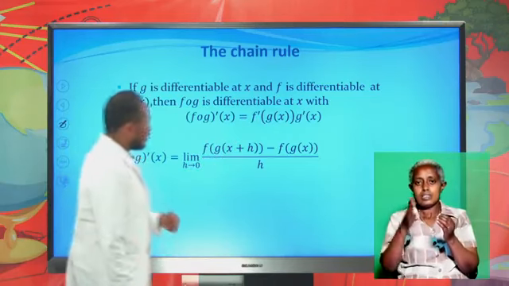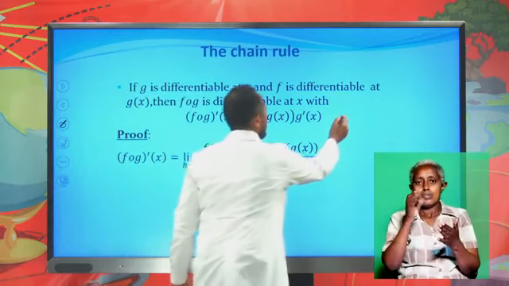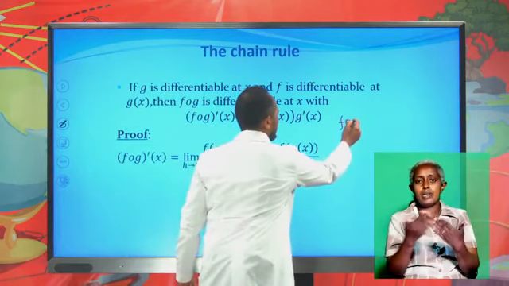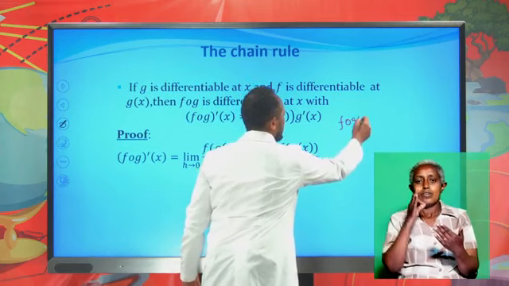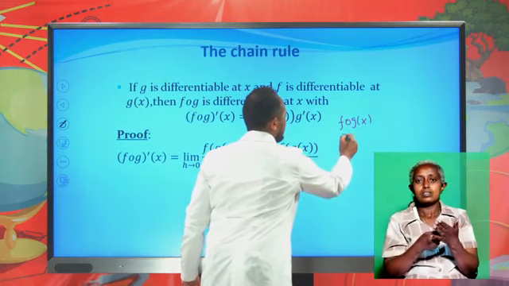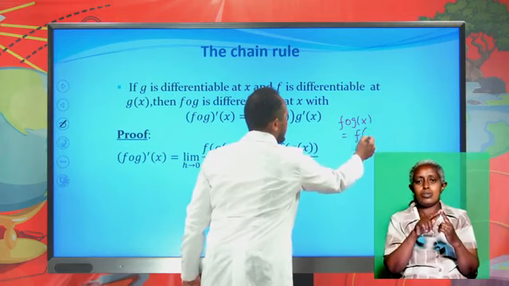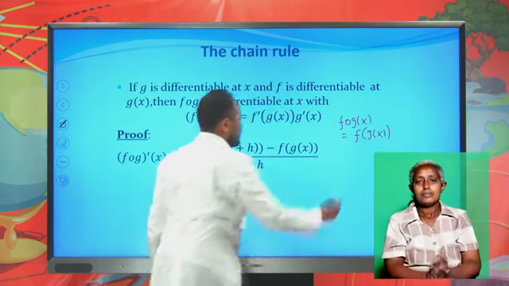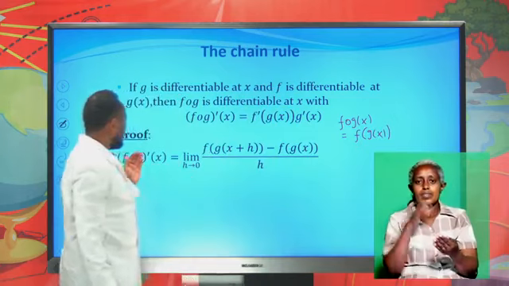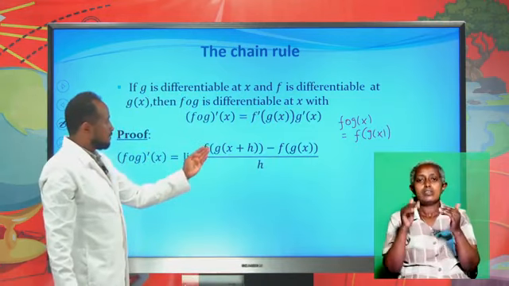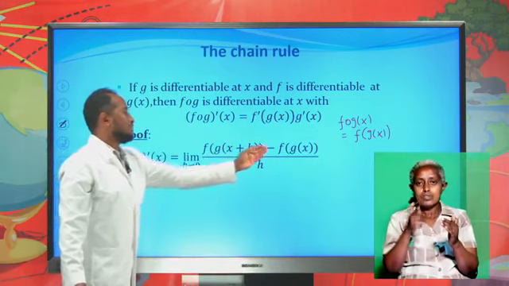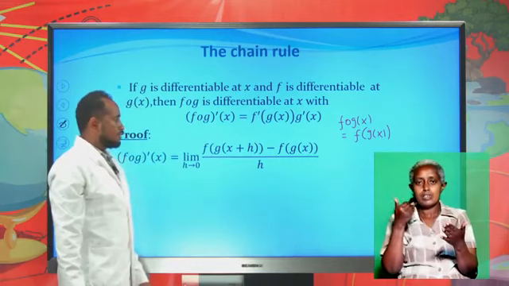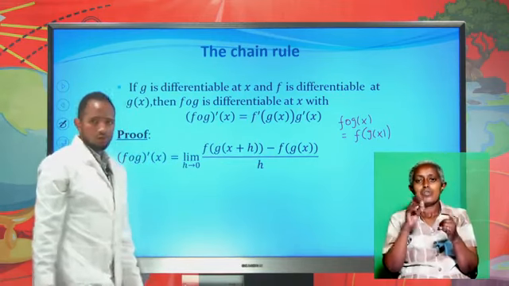By the way, fog of x is equivalent to f of g of x. Therefore the derivative of f of g of x equals the limit of f of g of x plus h minus f of g of x over h, where h goes to 0.